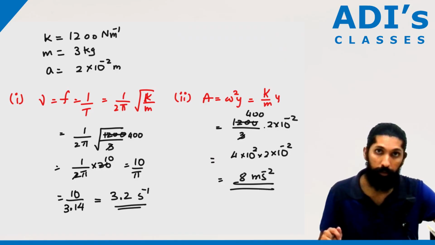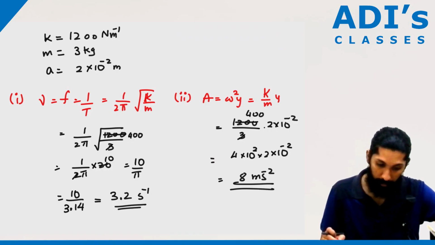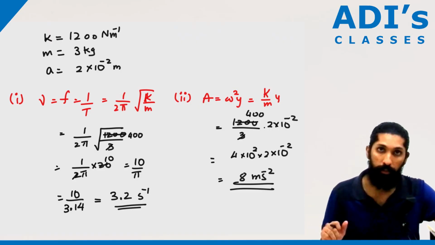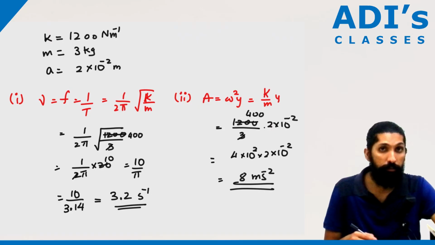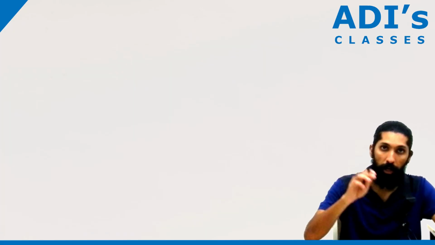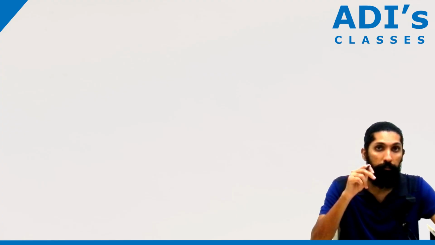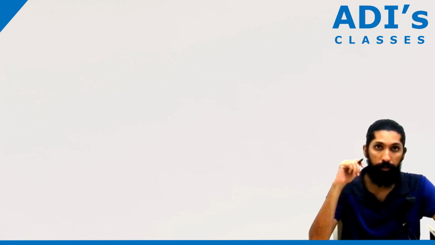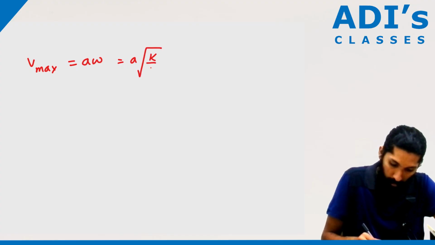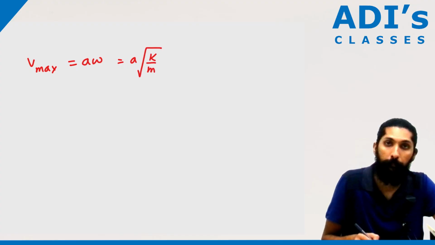The third part of the question talks about the maximum speed of the mass. Let's solve that one. The maximum speed basically is velocity, right? When do you have the maximum velocity? Maximum velocity is at the mean position, at the equilibrium position. Maximum velocity is going to become a into omega, or a into root of k divided by m.